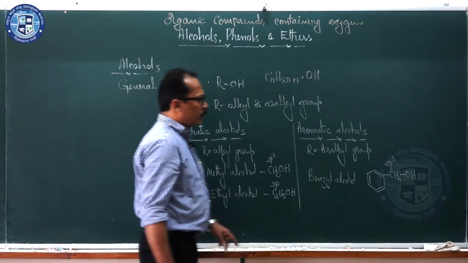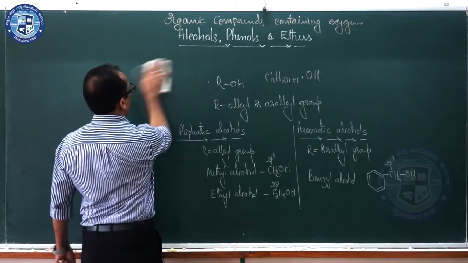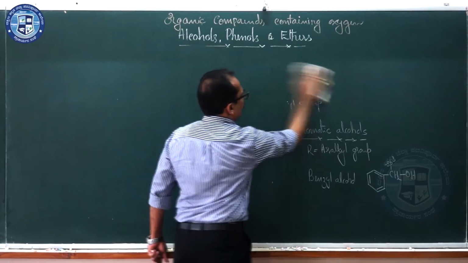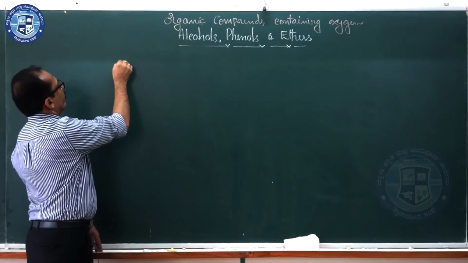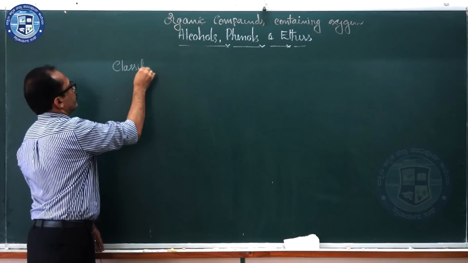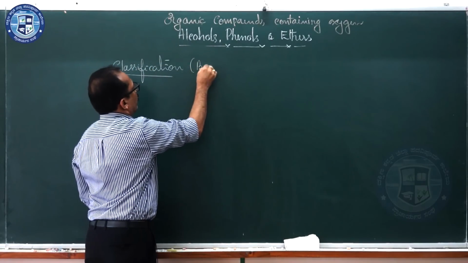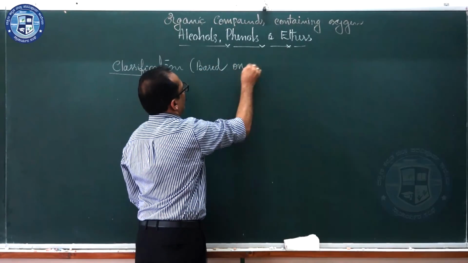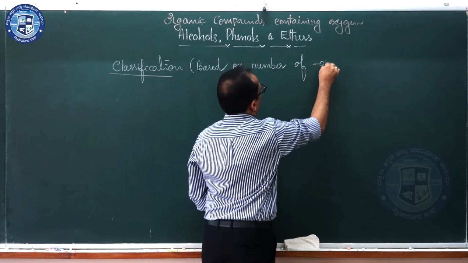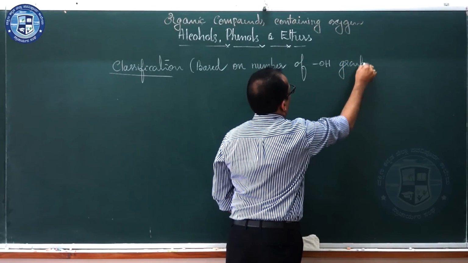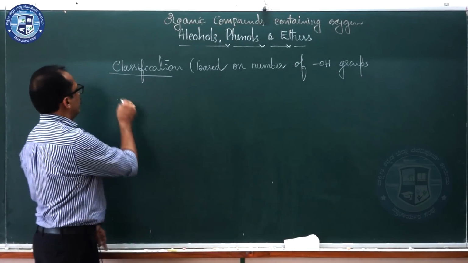Now, next we'll move on to the classification of alcohols based on the number of OH groups. First one is monohydric alcohols.